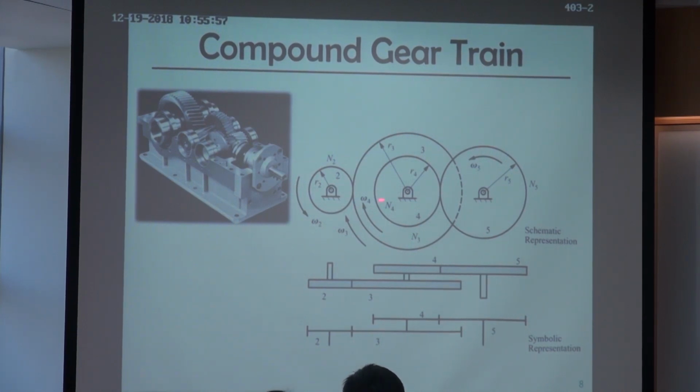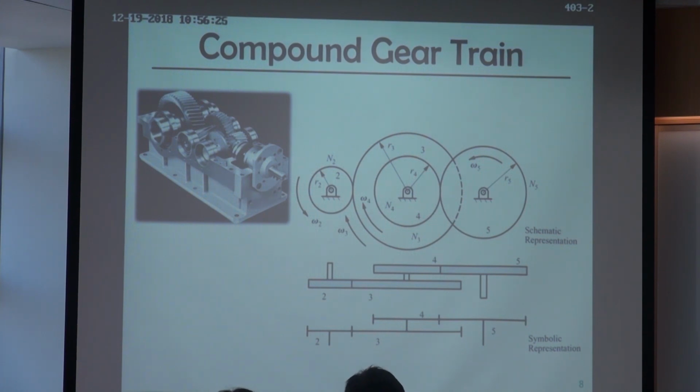So we still want to see the gear ratio from omega 2 to omega 5. Let's see how the gear ratio will look in this case. I'll start from gear 2, which is in contact with gear 3.